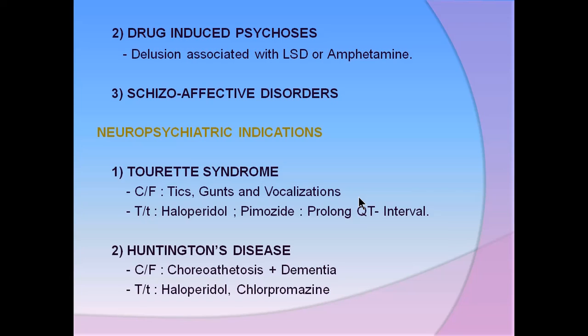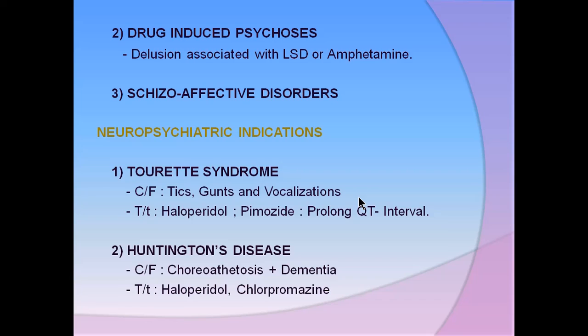Coming to the neuropsychiatric indications of antipsychotic drugs. These are Tourette syndrome. Clinical features of Tourette syndrome are involuntary movements, that is tics, grunts, that is slow and rough voice, and vocalizations. Treatment of Tourette syndrome is by haloperidol and pimozide, although pimozide has a side effect that prolongs the QT interval in ECG.